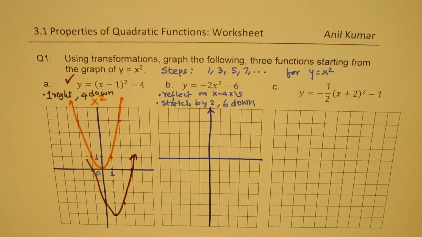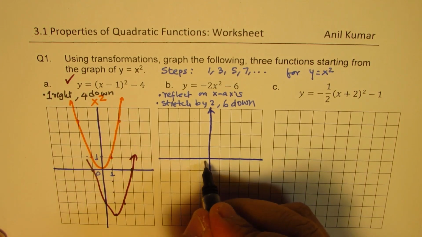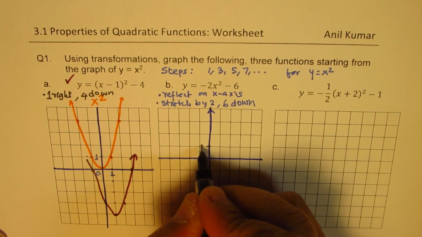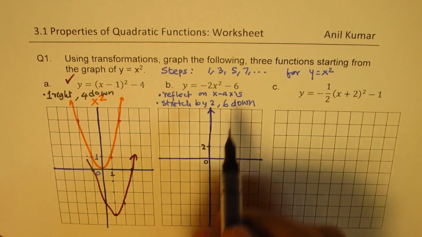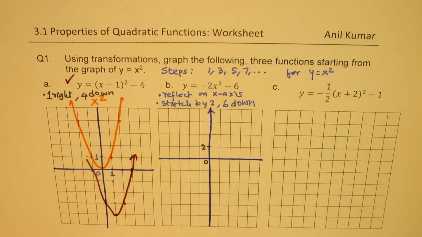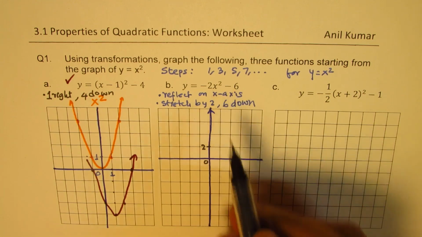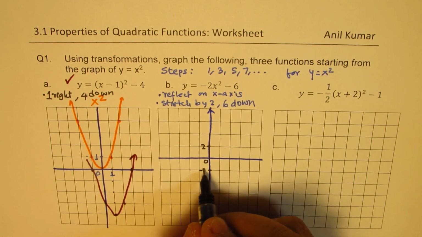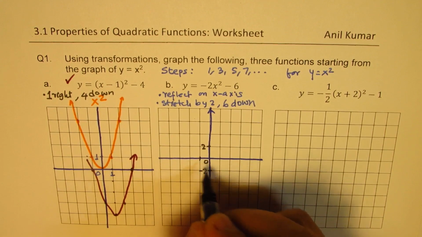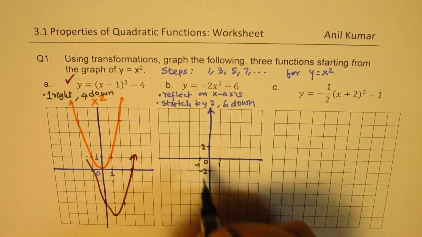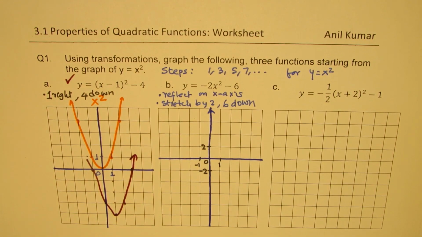So we can use the y values as 2. That could make sense. So in this case, we'll use this as 0, and here we'll use this as 2. So that will take care of the stretching factor and also moving 6 units down, right? So we'll have more room here, right? So we'll have minus 2. So I've changed my scale. As you can see, each vertical step now is of 2 units, right?